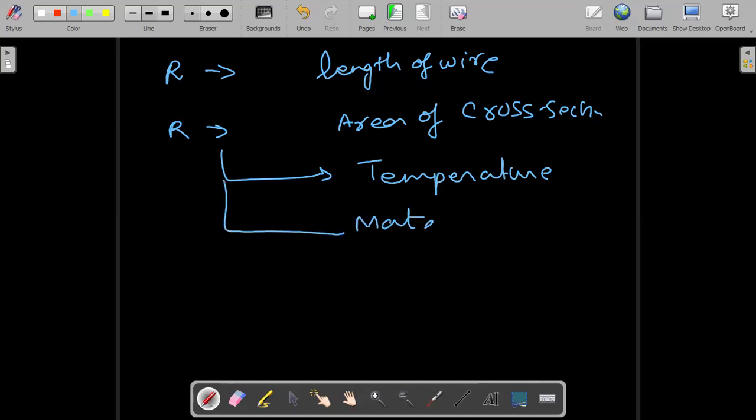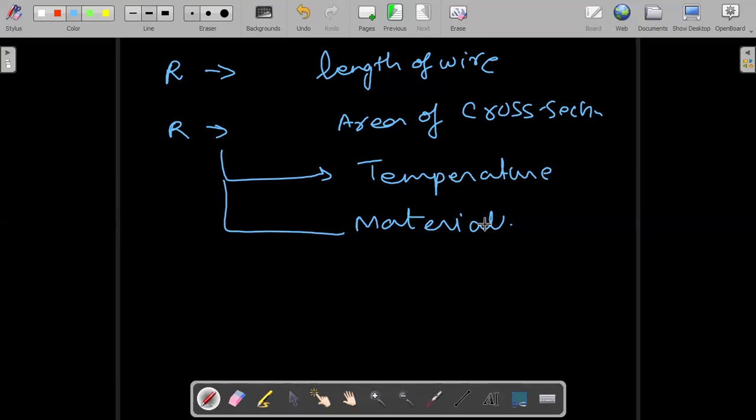Which material are you using for making the wire? For example, a wire can be made out of copper, iron, aluminium, silver, gold. So what material you are using for making a wire, that is what resistance depends upon.